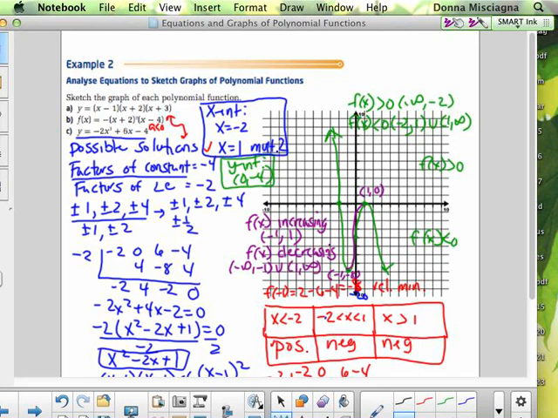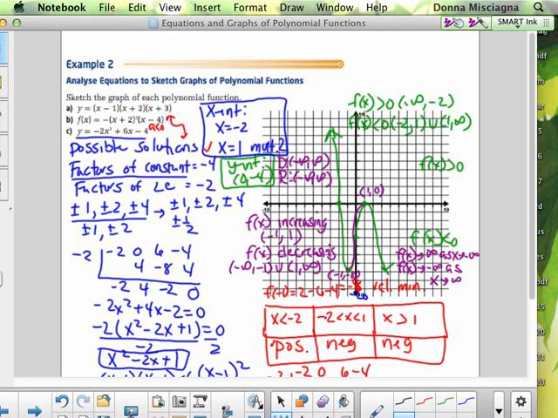Domain and range, that's easy. All real numbers for both. It's cubic. And the last little thing is end behavior. All right, so here we approach infinity as x approaches negative infinity, and we approach negative infinity as x approaches infinity.